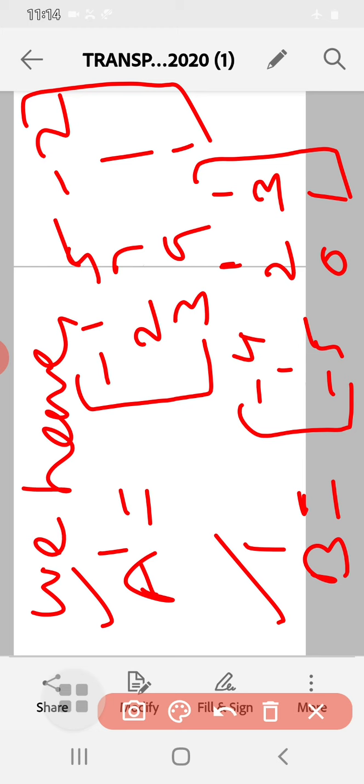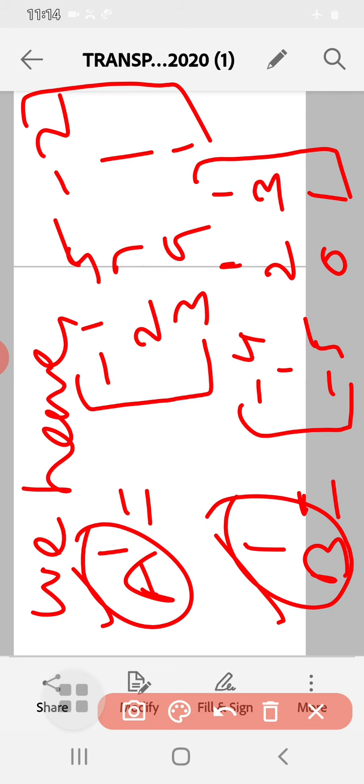So A dash plus B dash. See, in the next step what we have to do, what is the quantity on the RHS? A dash plus B dash. That means we have to add this one. So we have to see here corresponding elements are given. So write the corresponding elements in the next step.